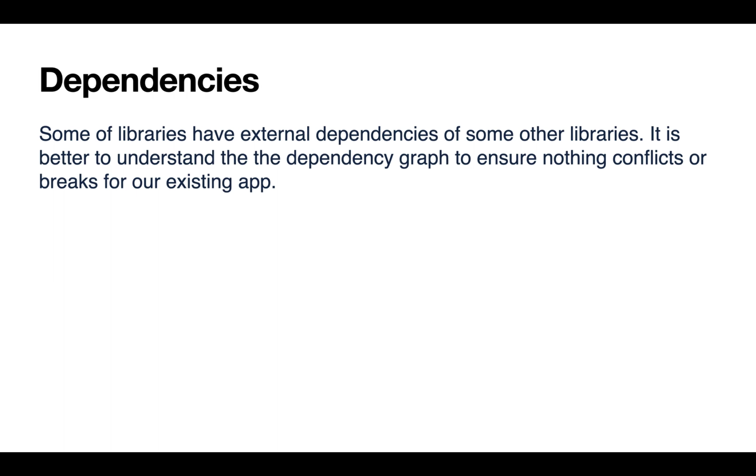In those cases, there is a chance that there will be some conflict at the runtime environment or compile time environment. It's better to understand that, and how we can achieve it with minimal change.